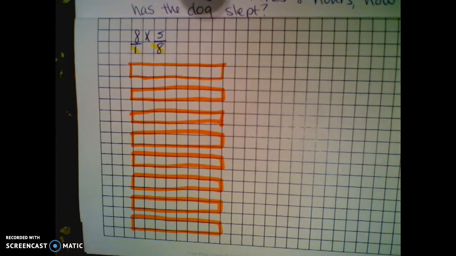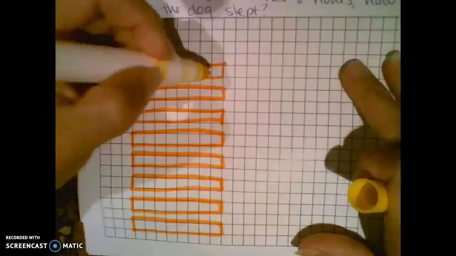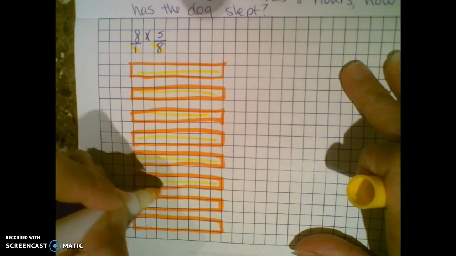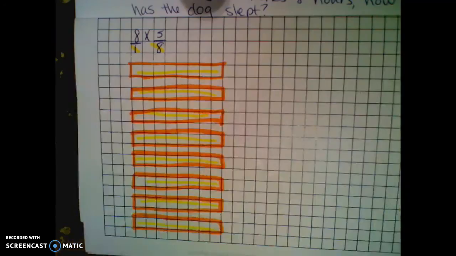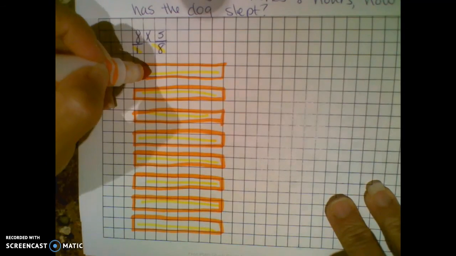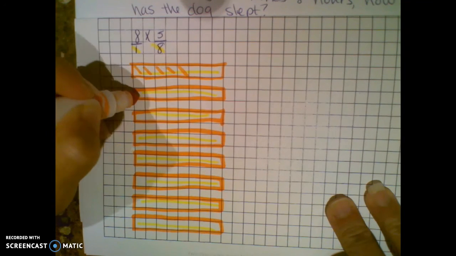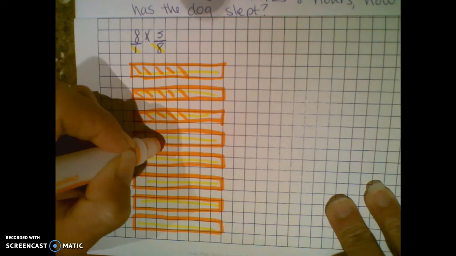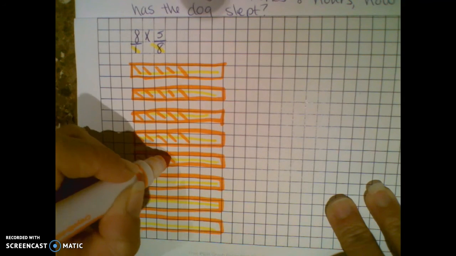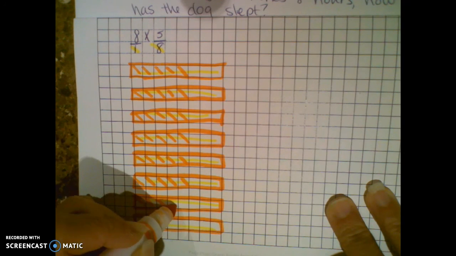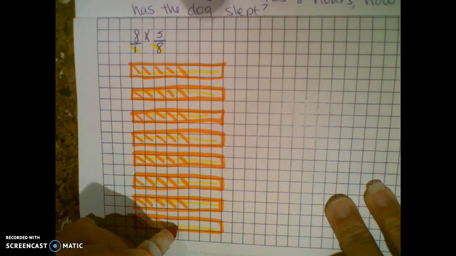Okay, and from there, I'm going to take all of those because I need 8 of them, 8 wholes right here. So I'm going to take every single one of these. And out of those, for each hour that he's gone, I'm going to take 5: 1, 2, 3, 4, 5, and again and again for each one, because I'm taking 5/8 of every hour.